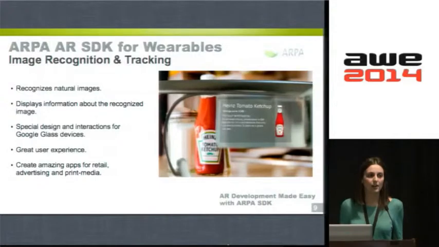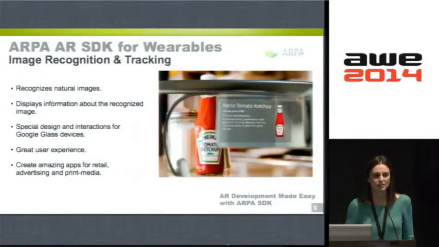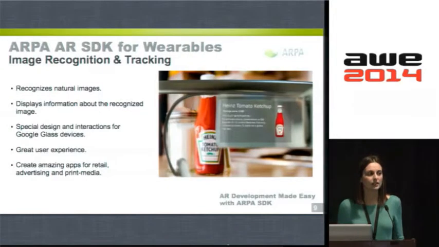Okay, so let's see. The image recognition and tracking module allows developers to create AR applications that can recognize images and objects and display relevant information about them in real time. In fact, the Glass version doesn't include tracking because the user experience that it provides is kind of weird. So we decided just to include the recognition module.